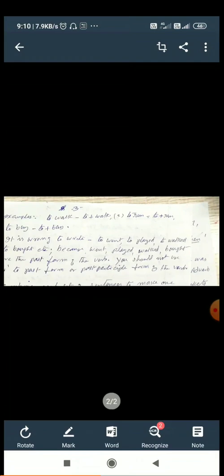It is wrong to write to went, to played, to walked, to bought. You understand? It is wrong to say to went, because went is past tense. The base form of went is go.